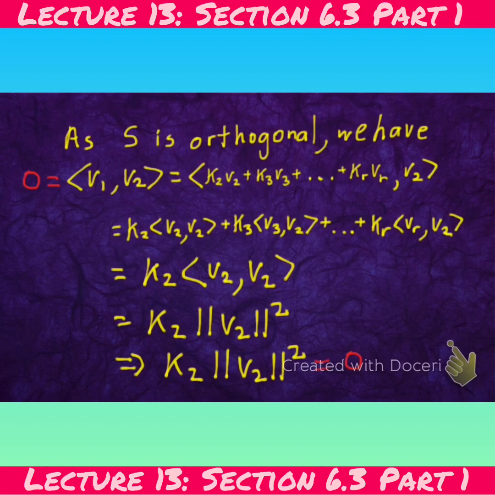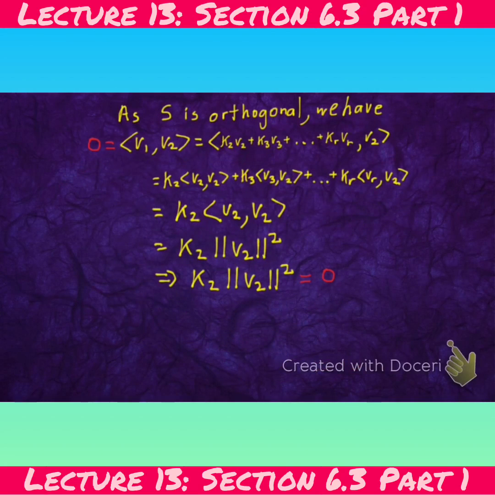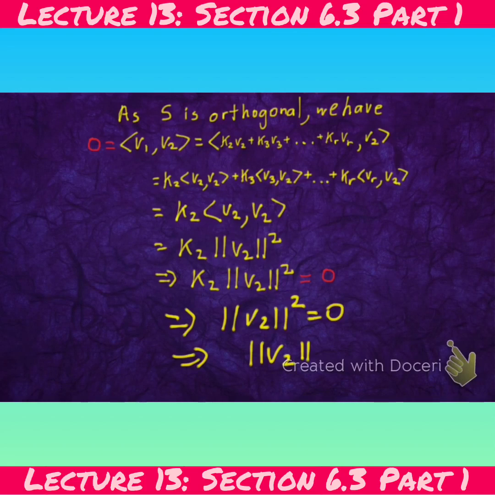Okay, and because K2 is a non-zero real number, it's going to imply that the norm of V2 squared is going to be 0, which is going to imply that the norm of V2 must be 0.